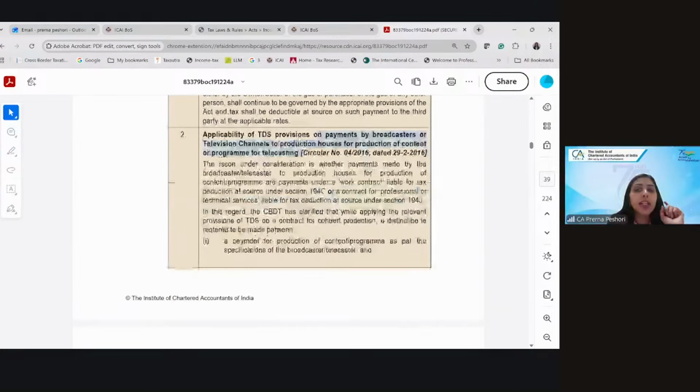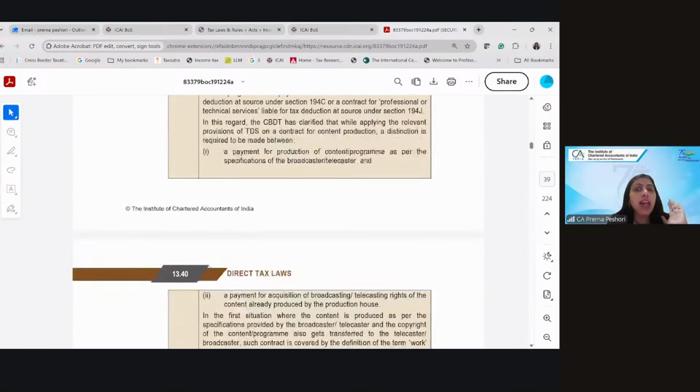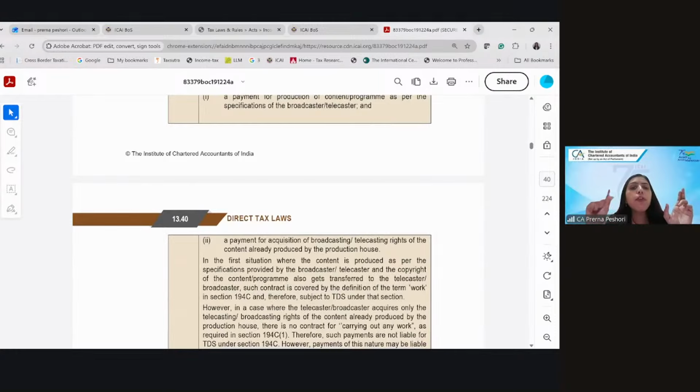So the CBDT has clarified that while applying the relevant provision of TDS on a contract for content production, the distinction has to be made between a payment for the production of the content as per the specifications of the TV channel or the broadcaster, and a payment for the acquisition of the broadcasting or telecasting right of the content already produced by the production house.